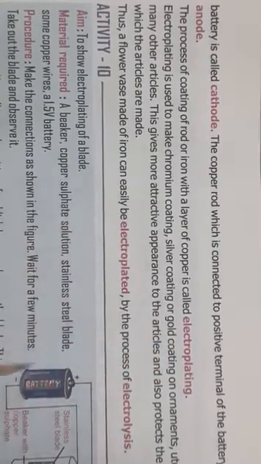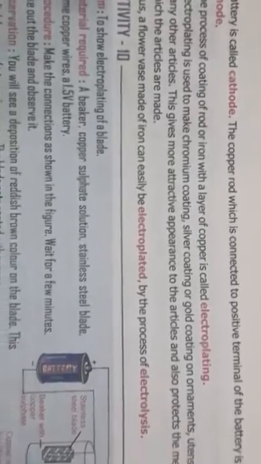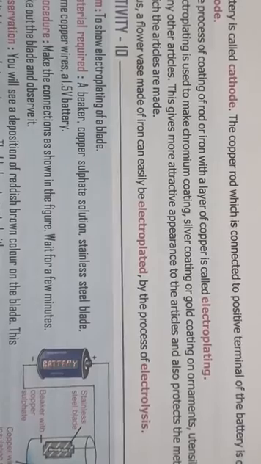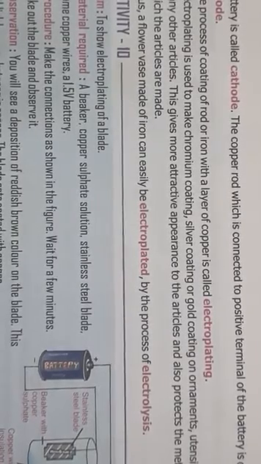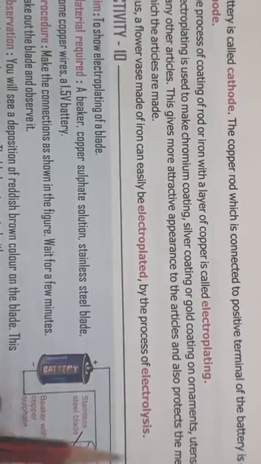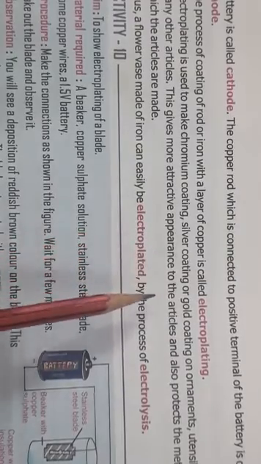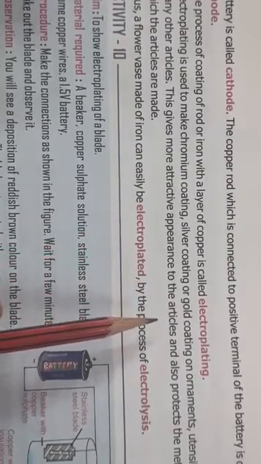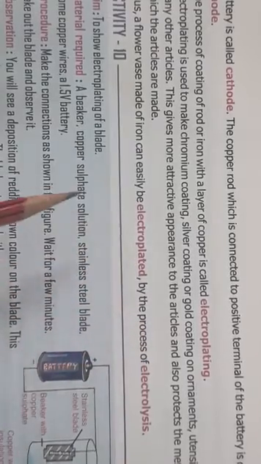Electroplating is used to make chromium coating, silver coating or gold coating on ornaments, utensils and many other articles. And why is it done? So that it becomes more attractive in appearance. It also protects the metals of which these articles are made.